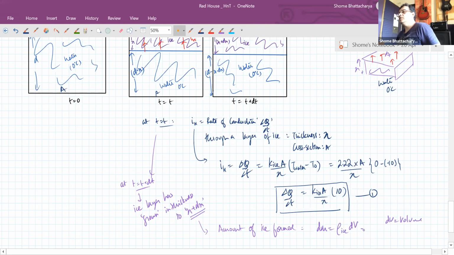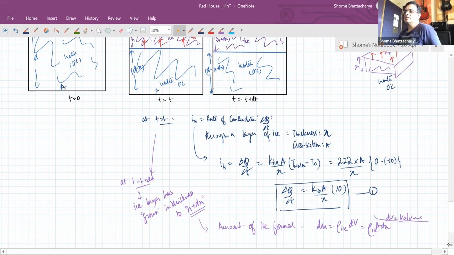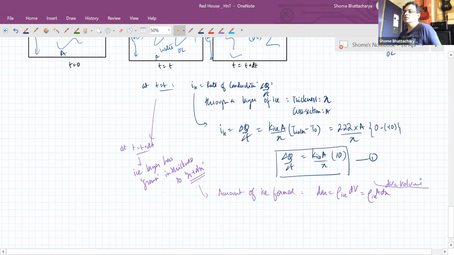Okay, so that will be nothing but density of ice into that same area into thickness, because that much part of water has frozen into ice. The ice layer is increased in volume. This is the increase in volume of the ice layer.